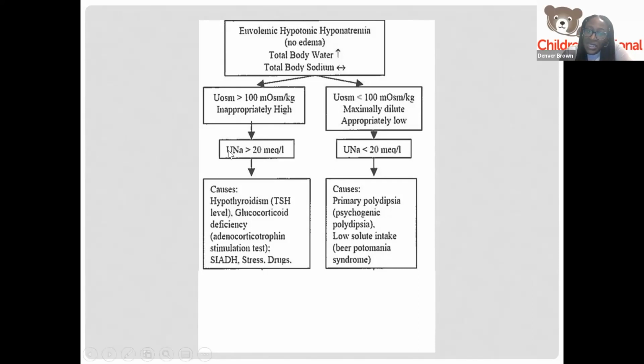On the left side here, if your urine sodium is greater than 20, you want to think about conditions such as hypothyroidism or glucocorticoid deficiency, or really what we see more as nephrology providers and providers who manage patients with CKD is a syndrome called SIADH, the syndrome of inappropriate ADH release.